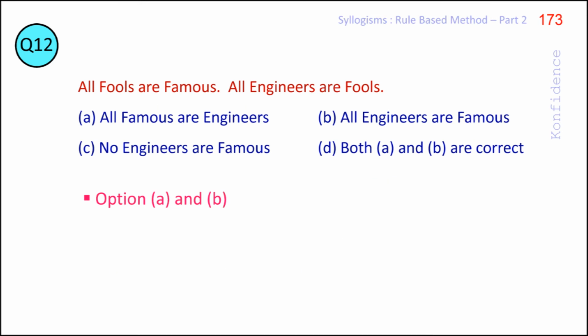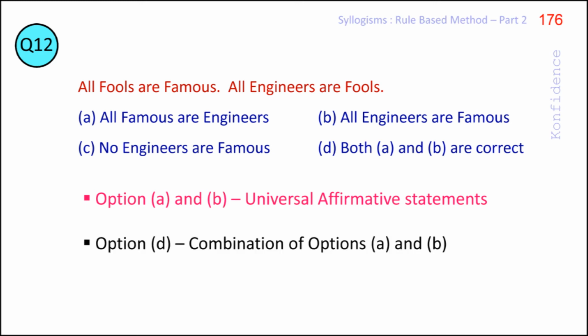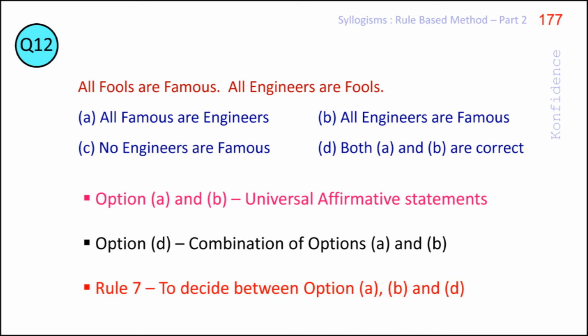Now, option A and option B are universal affirmative statements, and option D is a combination of options A and B. To decide among these three, we will have to look at Rule 7. This rule is with regard to the distribution patterns of the terms in the premises and the conclusion.